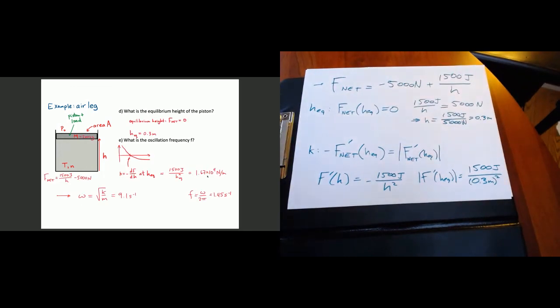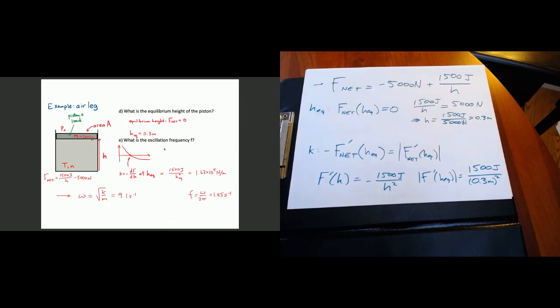So that works out to this 1.67 times 10 to the 4 newtons per meter. And now we plug that into our formula for omega. So the angular frequency here is the square root of k over m. This is the k that we use, and then m is given to us as 200 kilograms. And when you work that all out, you end up with omega equals 9.1 inverse seconds.